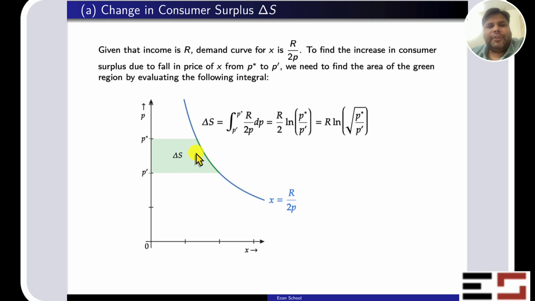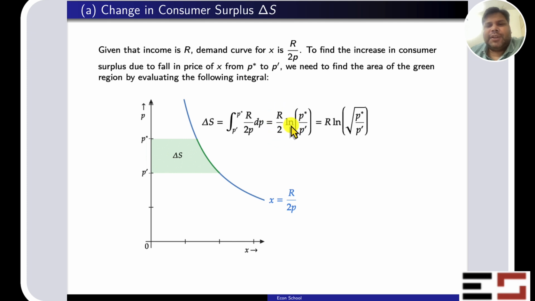In order to figure out this area, we just have to integrate R by 2p with respect to p from p prime to p star. It's a simple integral. You can take R by 2 out, and the integral of 1 by p is log p. Then you simply substitute p star and p prime to get the value of the definite integral, which is log p star minus log p prime, the whole thing times R by 2.